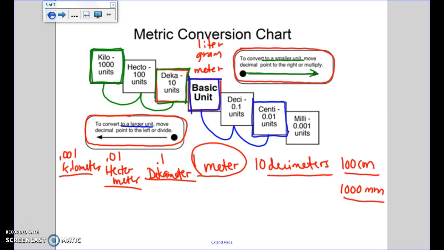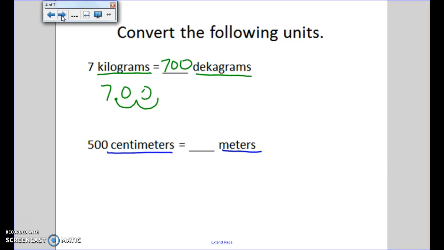I'm moving to a larger unit, so I'm going to move the decimal place to the left. So I'm going to start with 500 centimeters, and I don't see a decimal place, so I know it's right there, and I'm going to move it 2 places to the left, 5.00 meters. But I wouldn't write the zeros because they represent 0/10ths and 0/100ths, so 5 meters would be the appropriate thing to write down.